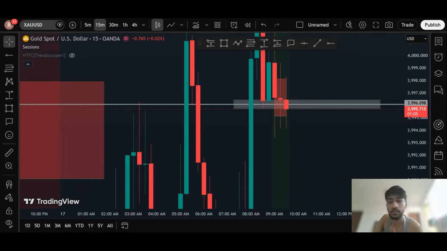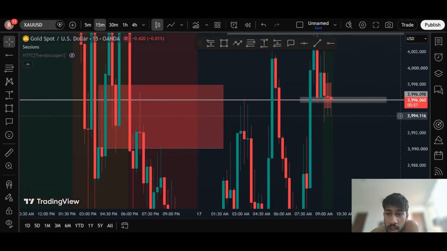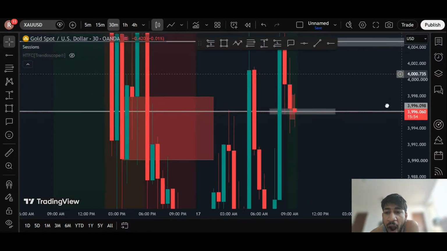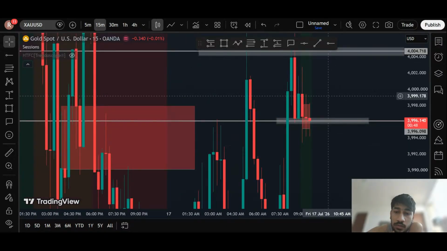Let's see if this 15-minute closes below this range. I'm just gonna sell, anticipating this 30-minute to move down and 15-minute to fill this weakness and move down. But this 15 minutes should close bearish.